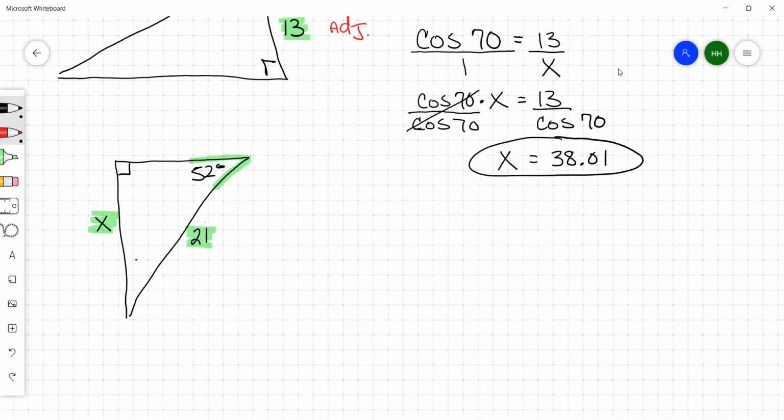The 21, it's across from the 90, so it's got to be the hypotenuse. And the side that we're trying to find is opposite of the angle that we know the measure of. So here's our opposite. So which ratio is that? Sine 52, right? Sine 52 equals the opposite side, which is x, over the hypotenuse, which is 21.